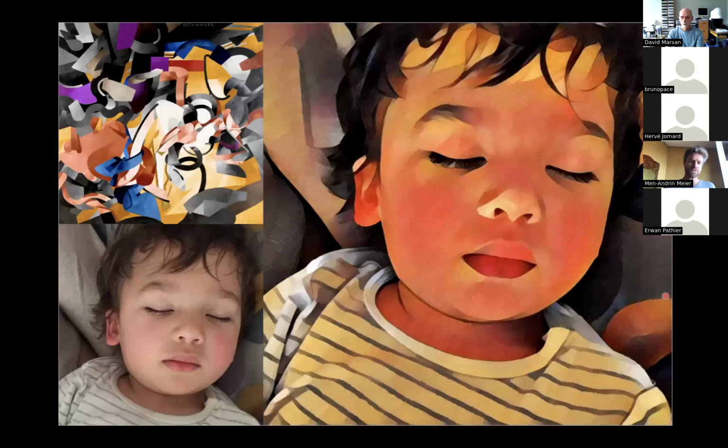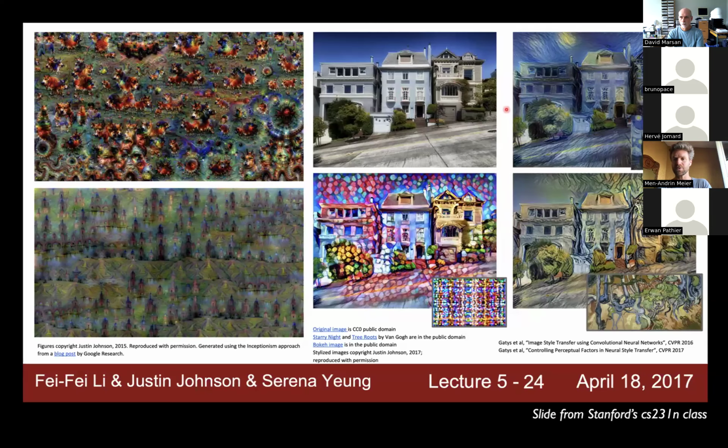Convolutional neural networks can be used for all sorts of fun things, like changing the style or merging the styles of a picture. For example, take a photo of something with some artistic style, and you can make your San Francisco picture have a bit of a Van Gogh vibe.